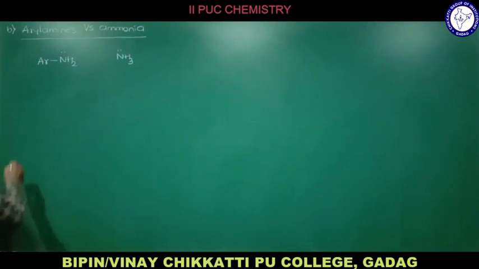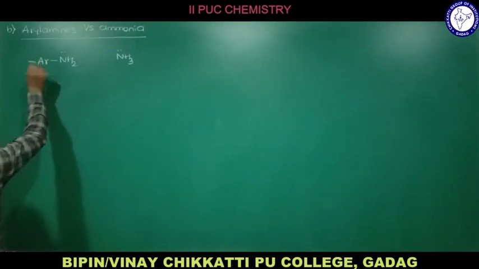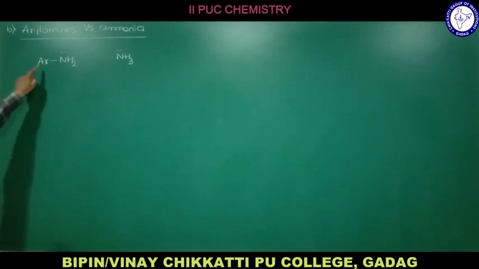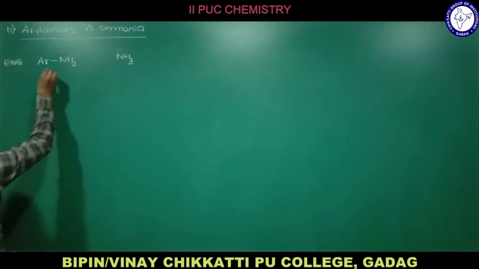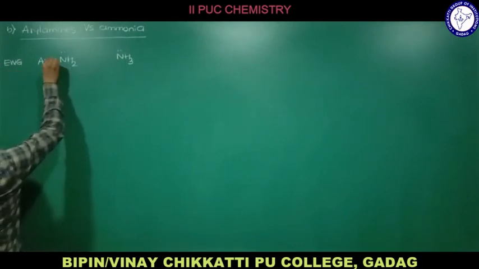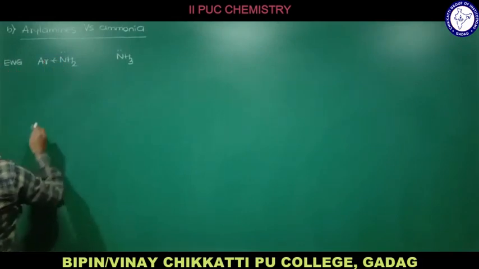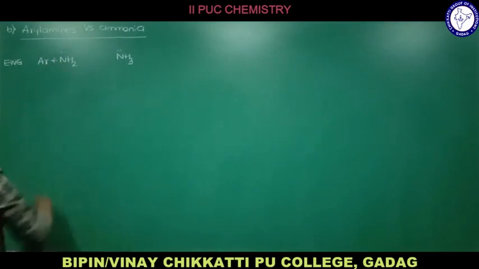Now see here, we have the aryl group, or I can say this is an electron withdrawing group. We can consider the benzene or phenyl group, which is electron withdrawing in nature. Since it is an electron withdrawing group, it attracts, or withdraws, the electron from this nitrogen.